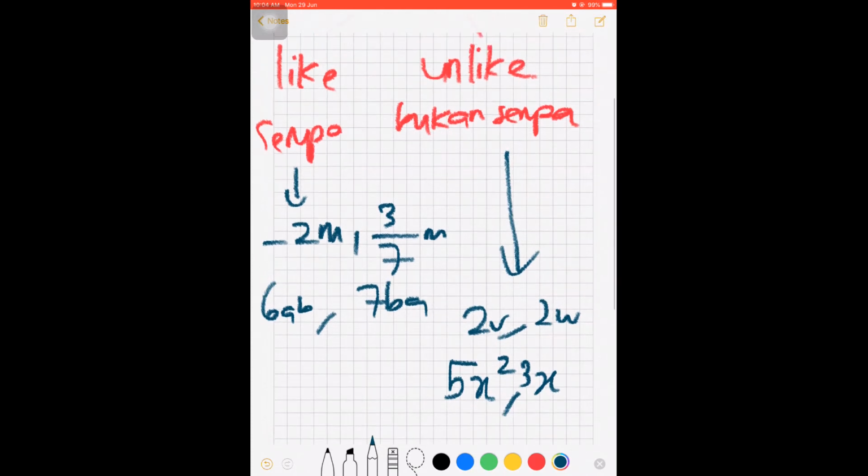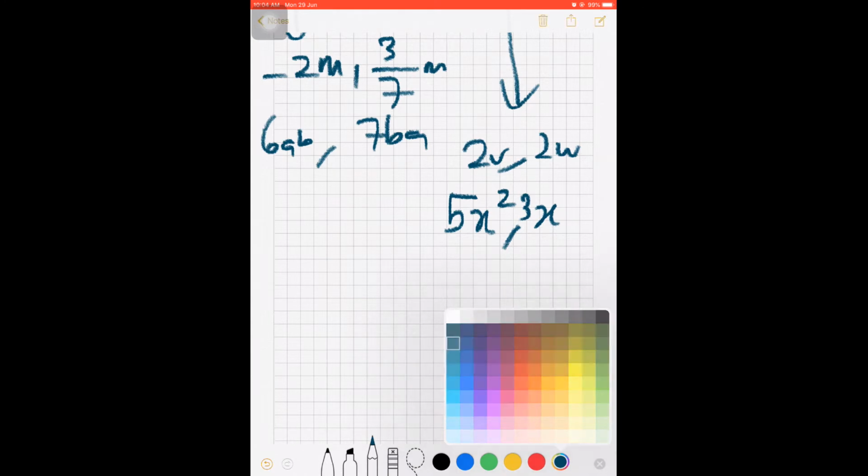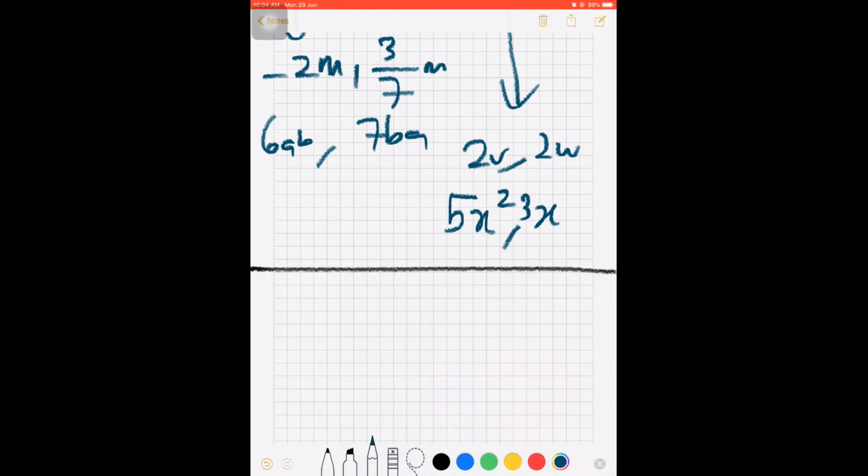So apa pentingnya like and unlike terms? Why do we need to learn about like and unlike terms? The reason is because today we'll be talking about how to do arithmetic operations.